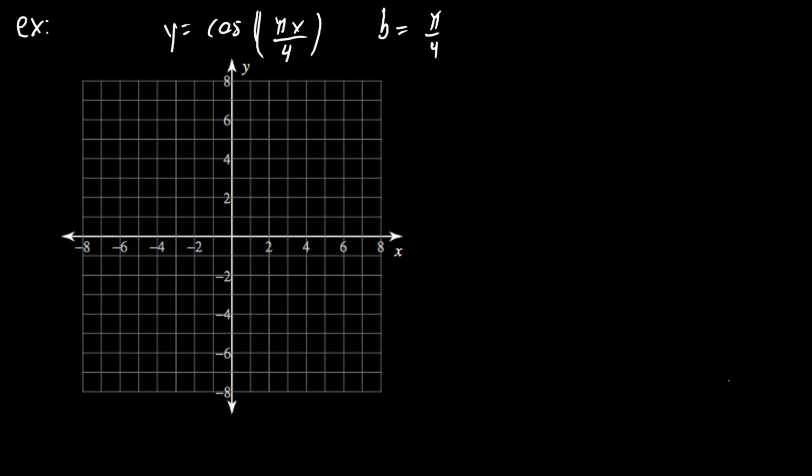Remember, this crosses at pi over 2, negative pi over 2, and 3 pi over 2. So that was a full cycle, and now let's carry this out. This was negative pi over 2. This was 3 pi over 2.